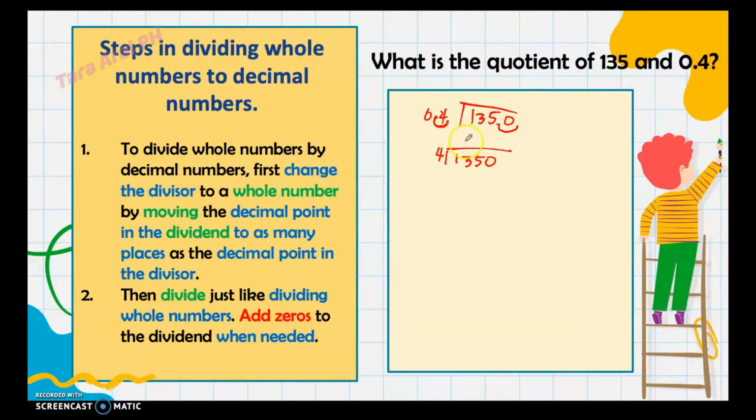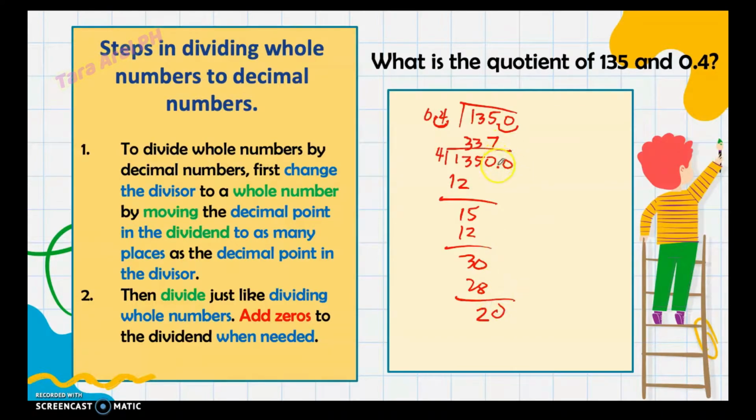So let's divide this. We have 3, this is 12, 1, 15, that is 3, 12, this is 3, and then 0, we have here 7, 28, there's a remainder 2. Then here's our decimal point at the end of the 0. We may add another 0 here so that we can bring down.